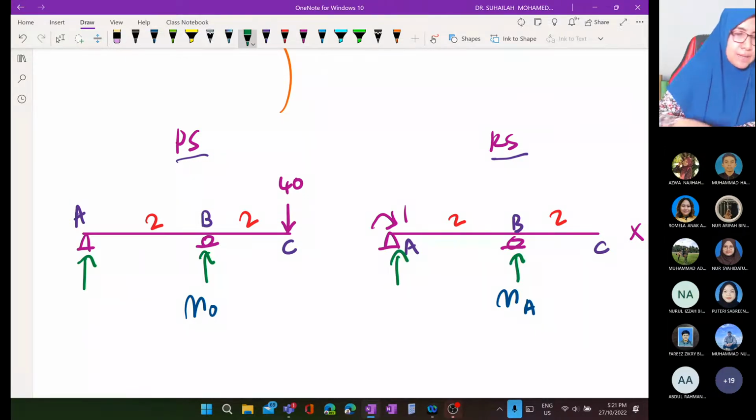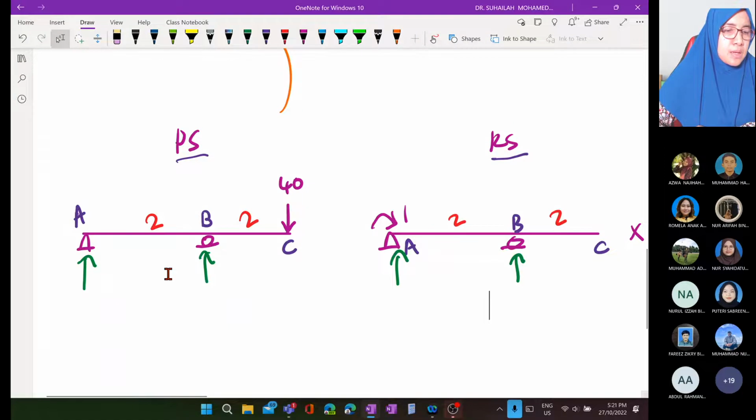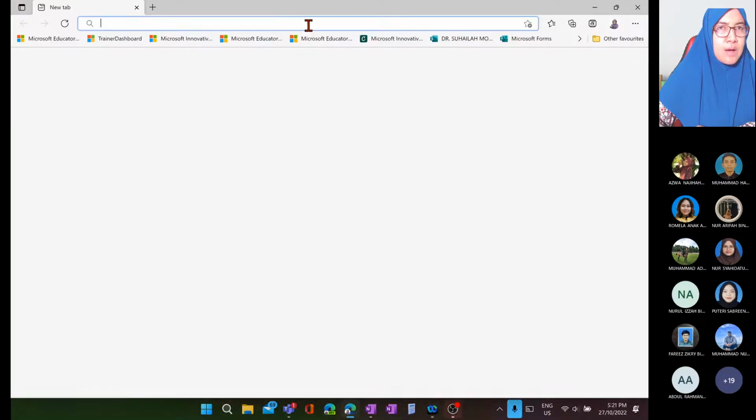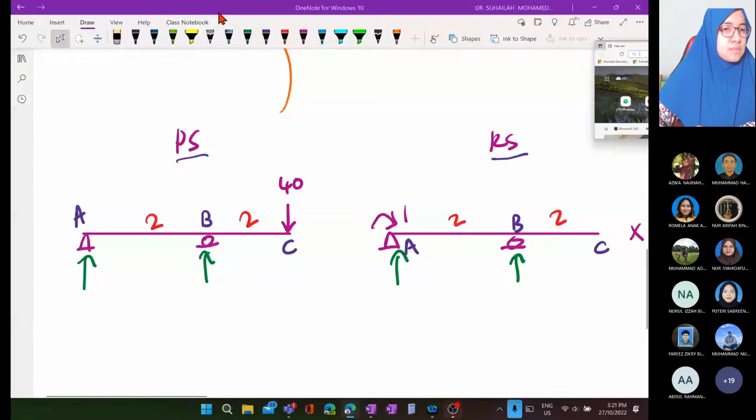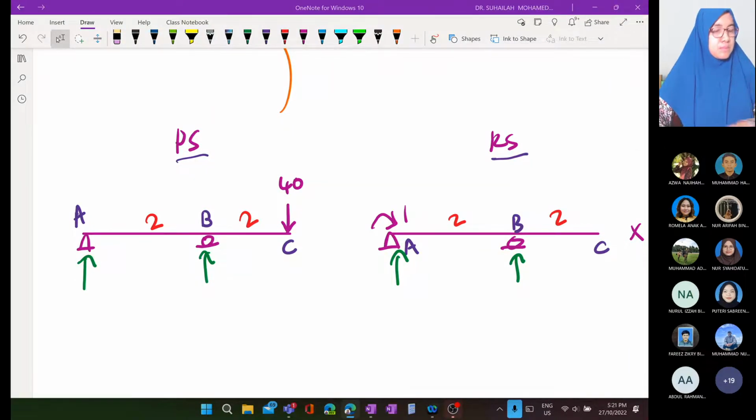Right now, about 5 minutes, please calculate the reaction for the primary system and the redundant system. Can you please do that right now? About 5 minutes.